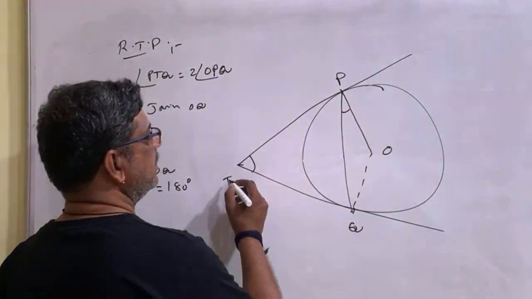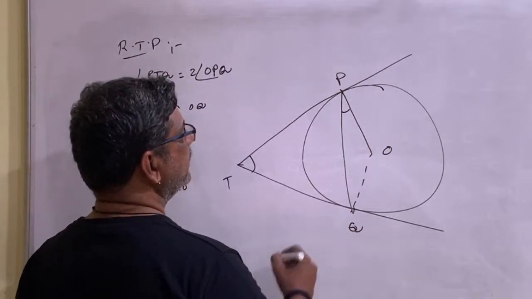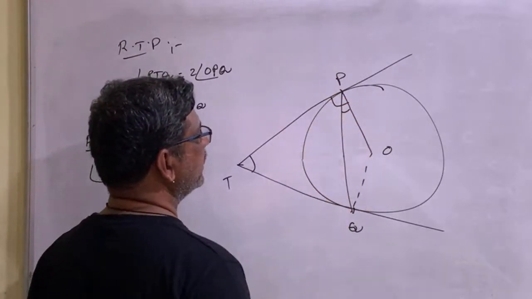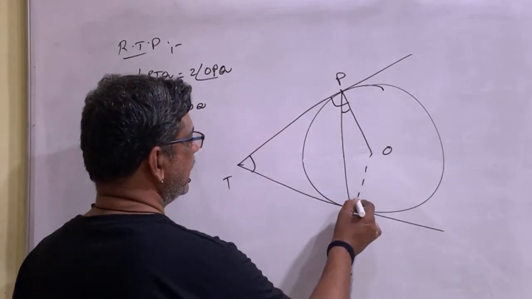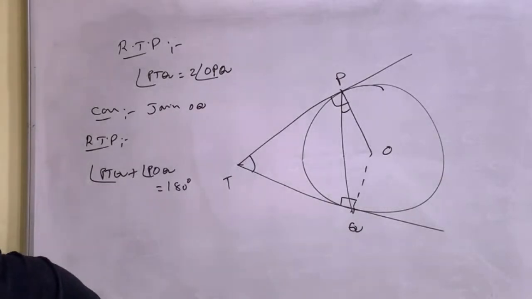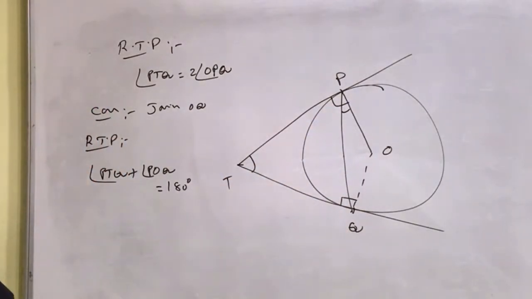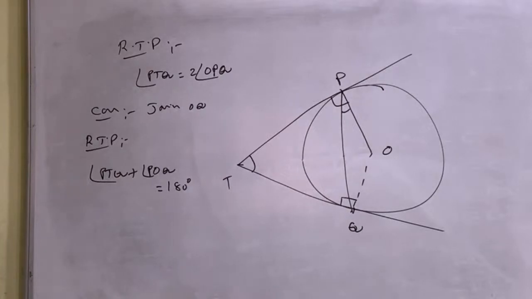See, we all know that TPOQ is a quadrilateral. In this quadrilateral, angle TPO is 90 and angle TQO is 90. So since the sum of these two angles is 180, according to the angle sum property of a quadrilateral, the sum of these two angles is also 180. Okay?